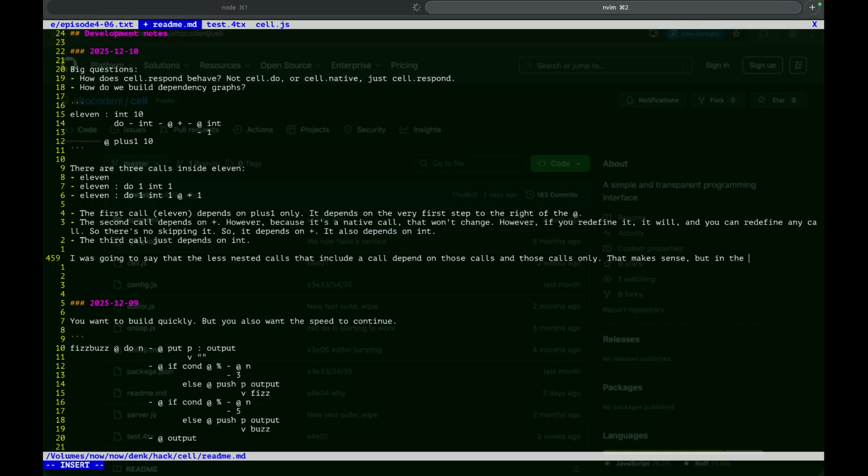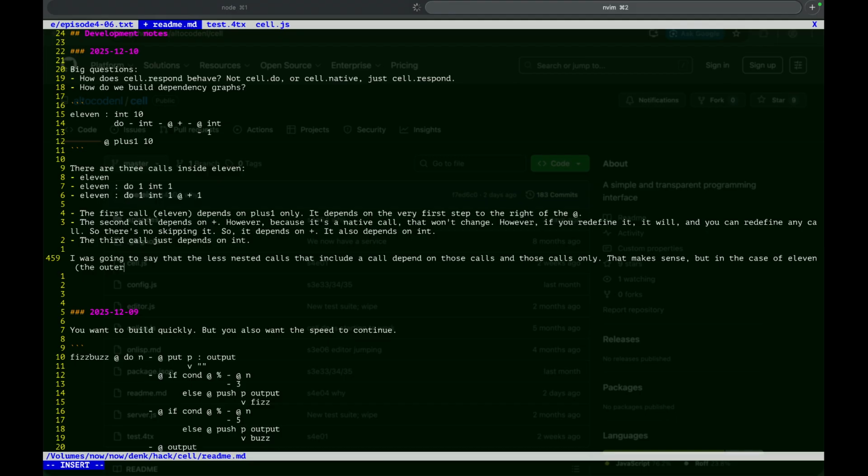But in the case of 11, the outermost call, the dependencies are really against +1, which is the one bringing the entire definition.